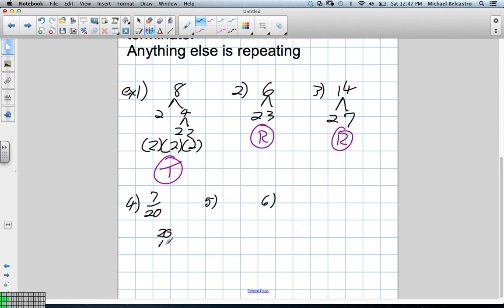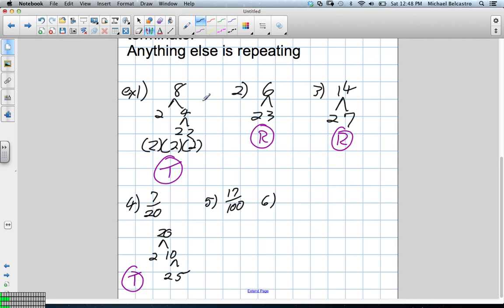What are the prime factors of 20? 20 is 2 and 10, and 10 is 2 times 5. So they're all 2s and 5s. Or you can just say 20 times 5 is 100, and 7 times 5 is 35.